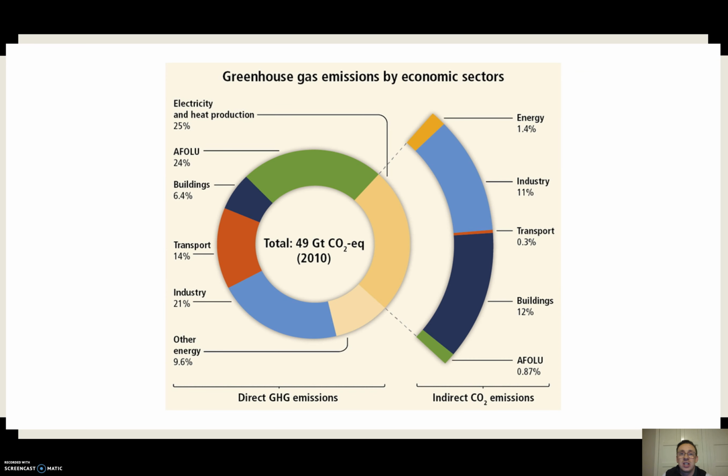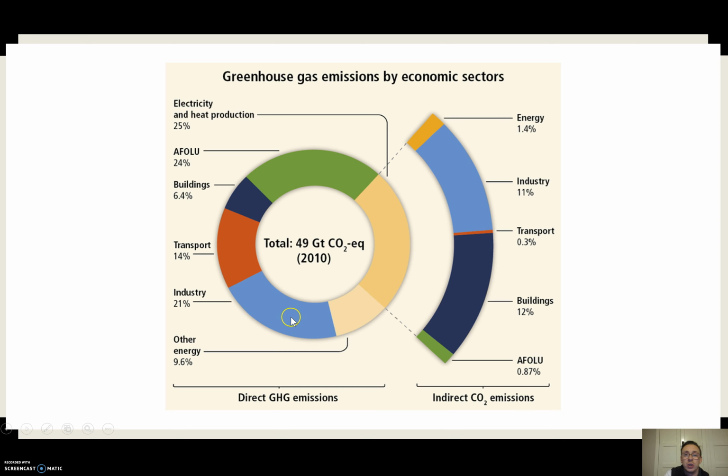If we look at this next diagram, it shows us where greenhouse gas emissions are coming from by the different economic sectors. And we can see some of the areas that are directly emitting greenhouse gases, and that's what we're going to focus on here. Electricity and heat production, a quarter of global greenhouse gas emission.